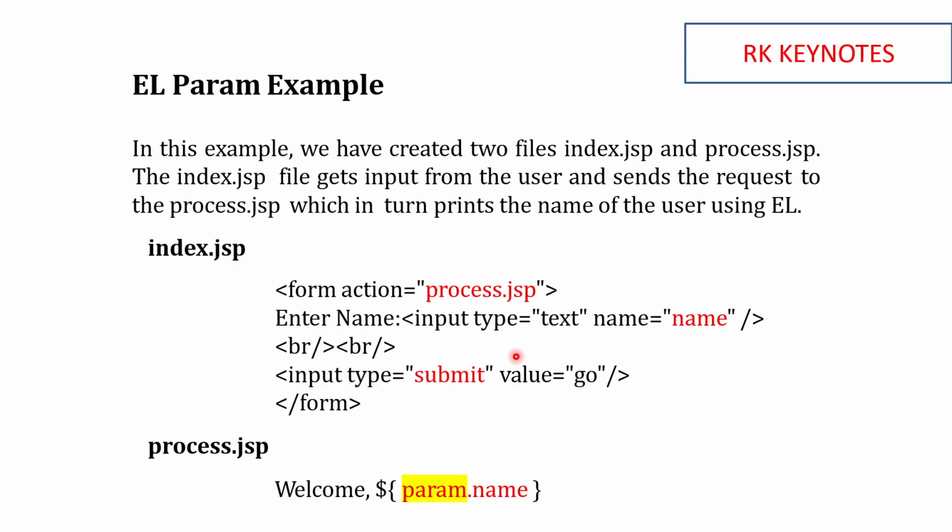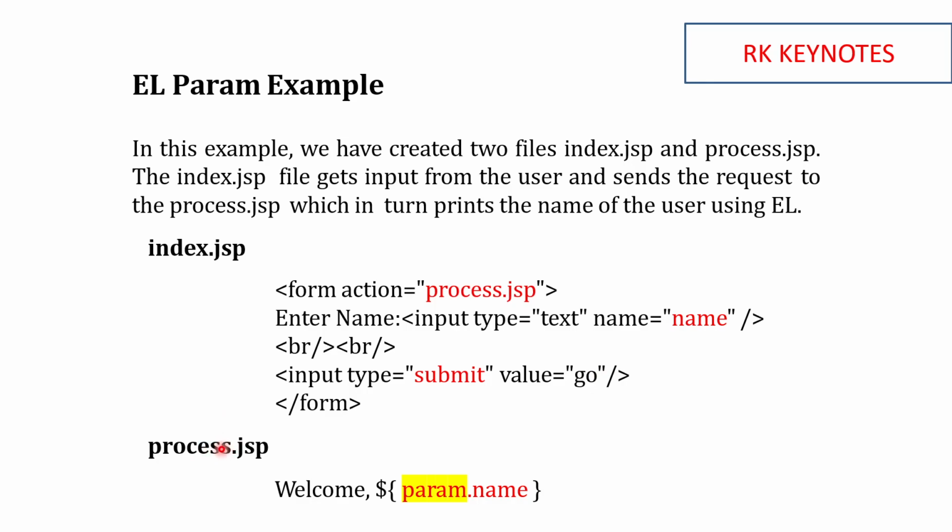So for example, if you want to get the parameter, this is index.jsp, you can see, and this is a form. This we have done many times in servlets and also in JSP. So now you are familiar with this, right? This is a text field, and then there is a button. That's it. Now, the moment I click the button, it should go to process.jsp.